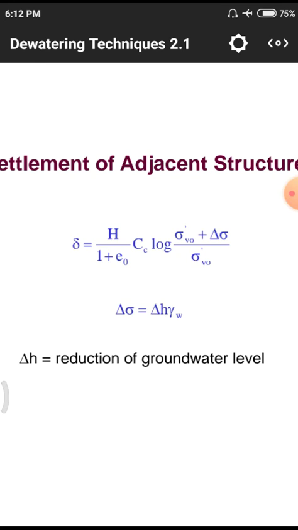This is the settlement of adjacent structures. What is the settlement of adjacent structures? If we are constructing a structure near other structures, we face these conditions, especially in cities. Why? Because in cities we have little space but a huge number of structures on small areas. That means from one structure to another there is some distribution of stresses and forces, so we have to maintain some gap between structures to avoid this stress distribution from one structure to another.